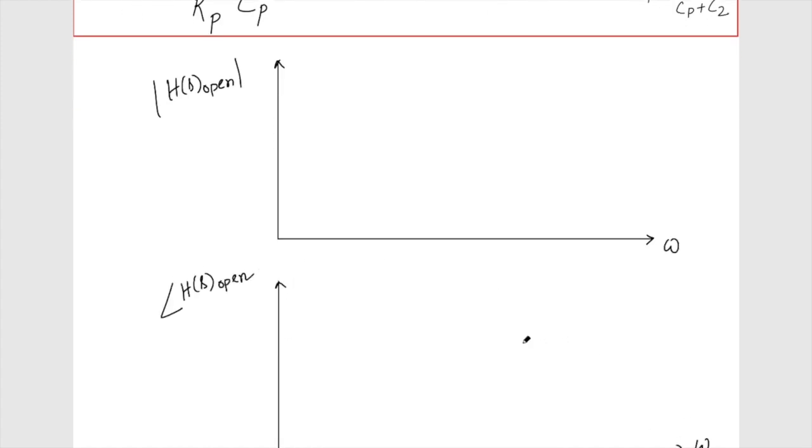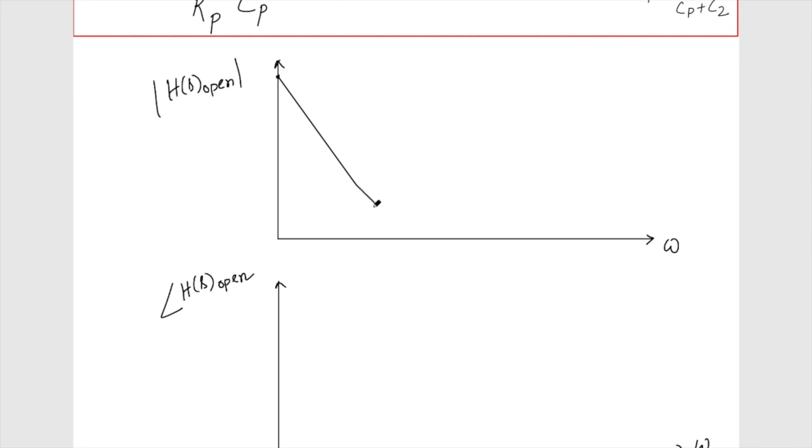Okay, so now basically what I'm trying to do is draw the magnitude as well as the phase of this transfer function. Of course, as usual, there are 2 poles at the origin, so I have a roll-off of minus 40 dB per decade.